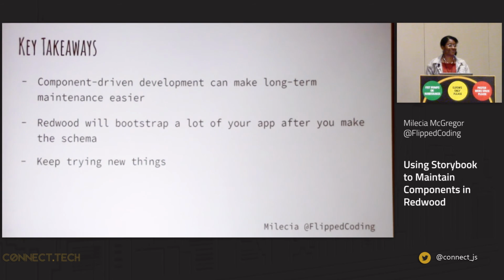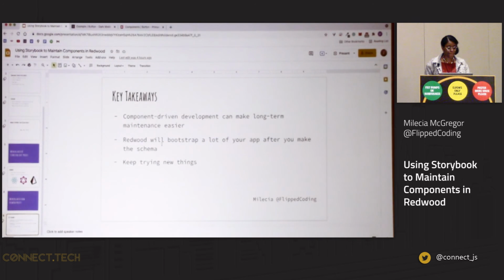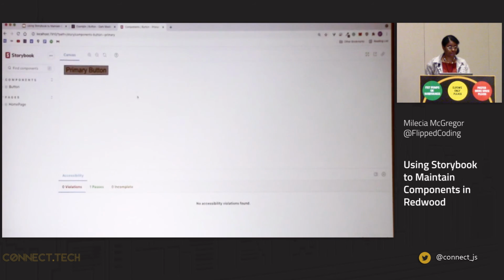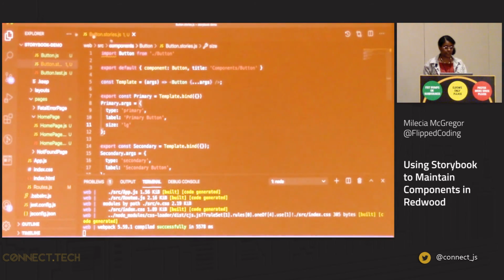You had said that Redwood builds in the accessibility portion of Storybook. Is that something you can utilize easily in Redwood, or how do you build that into your Storybook project if it's not using Redwood? That is actually pretty easy to do, honestly.